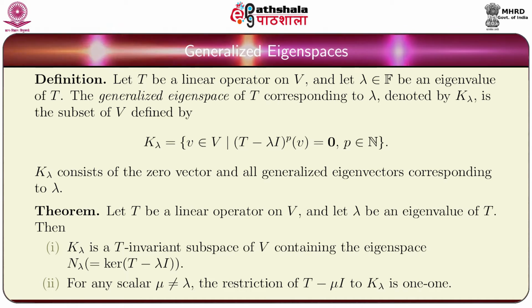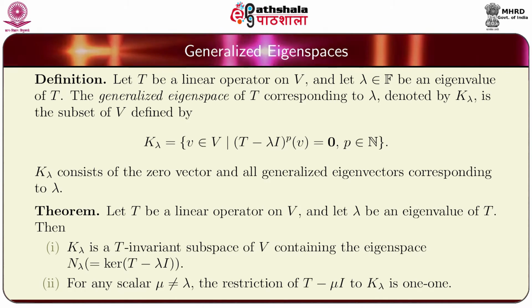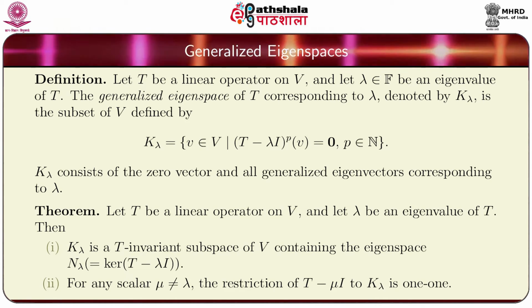Now, K_λ definitely consists of the 0 vector and all the generalized eigenvectors corresponding to λ.